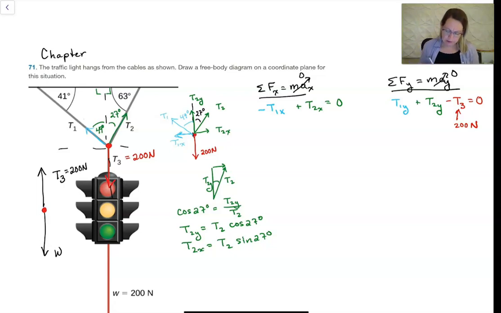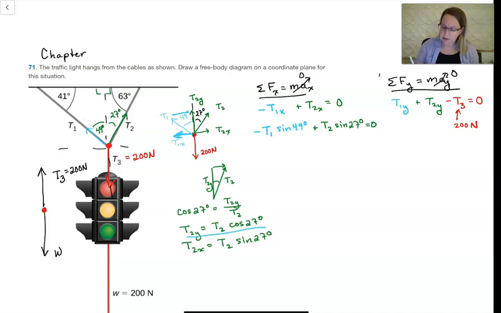So if we use the same logic that we have with this setup, the same SOHCAHTOA, then for T1 we're going to have minus T1, the x component is the opposite, so that's going to be sine of 49 degrees, plus T2 sine of 27 degrees, is equal to 0.